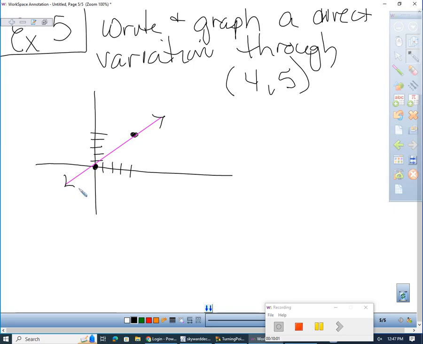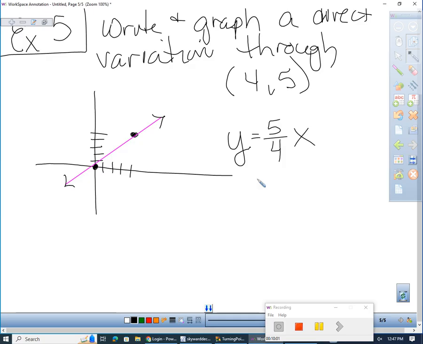Okay? Second thing is we have to write a direct variation equation. y equals kx. Well, how do I find k from that point? y divided by x, right? y is 5 divided by x, which is 4. That's it.